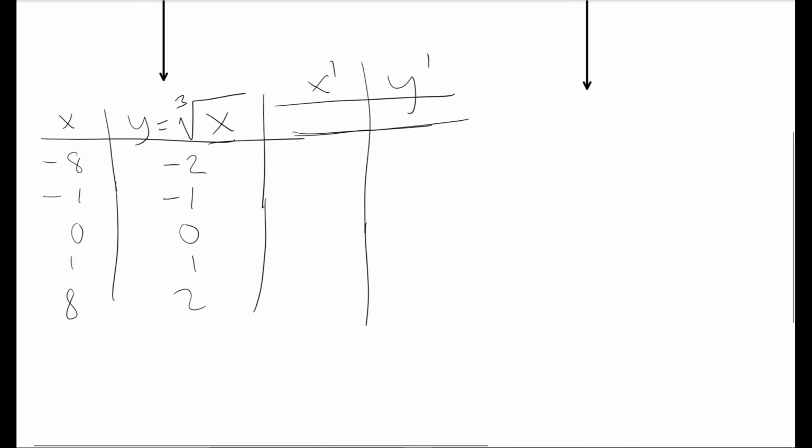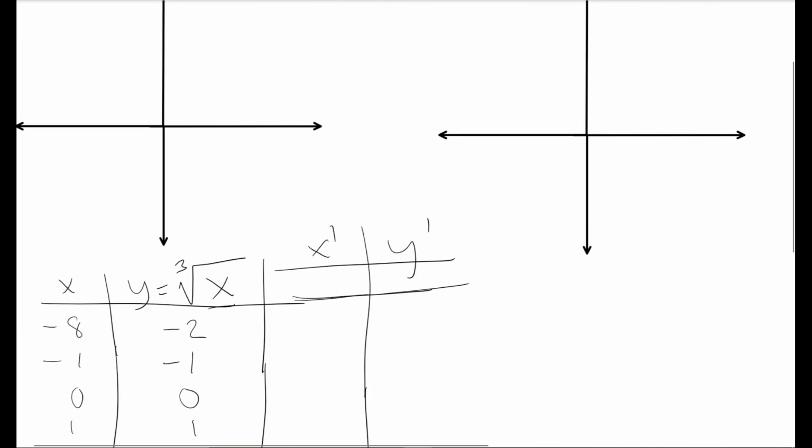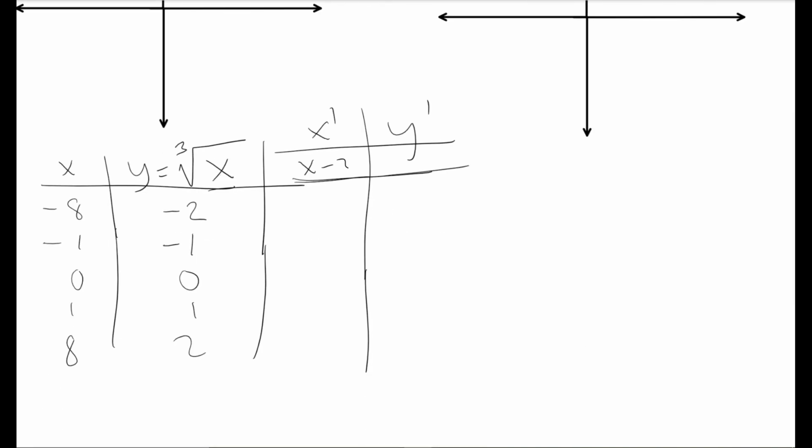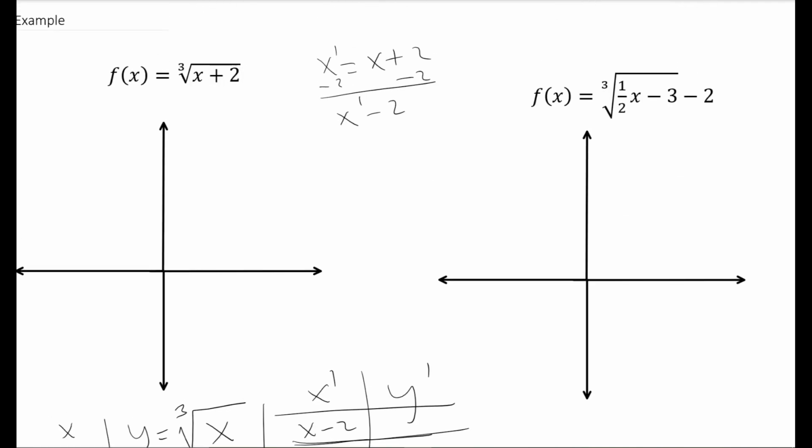So now the x primes and the y primes, kind of like before, we're going to set the inside to x prime and then solve that. It's very easy. You just have to subtract 2 on both sides. So it's going to be the x value minus 2. And then the y value, is there anything happening to this graph on the outside?